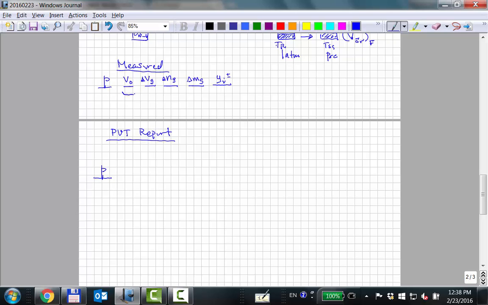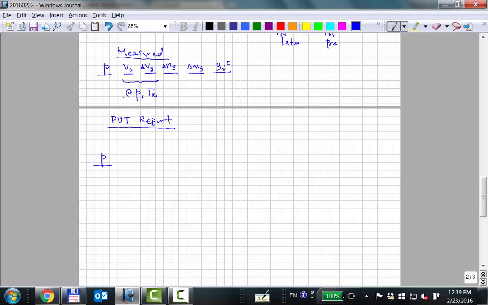These are both dependent on pressure and temperature, so they're at the particular pressure and reservoir temperature. Of course, moles and mass composition don't depend on the conditions, but they reflect what the gas is at that pressure and temperature.